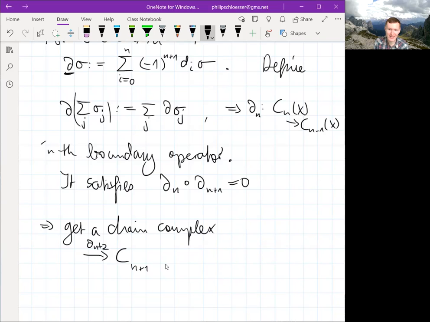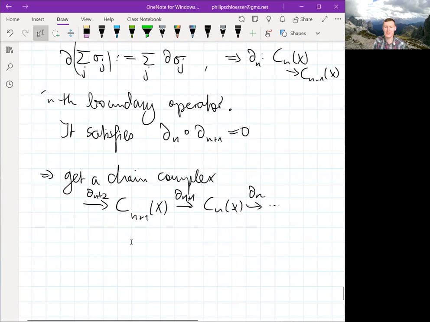Can you believe that? This particular chain complex is called the singular complex of our topological space X.